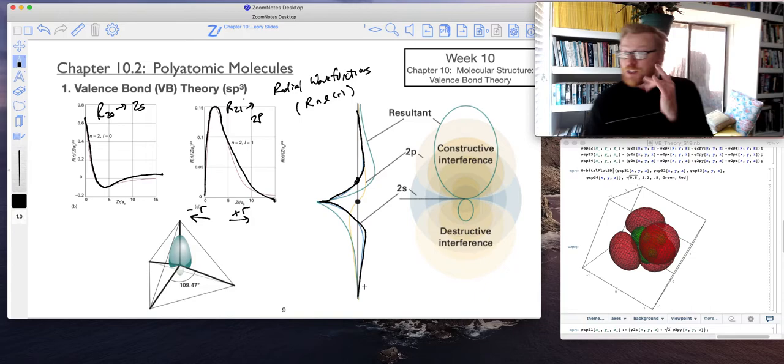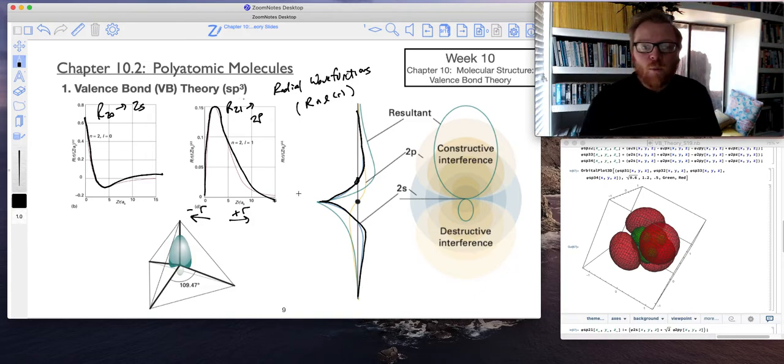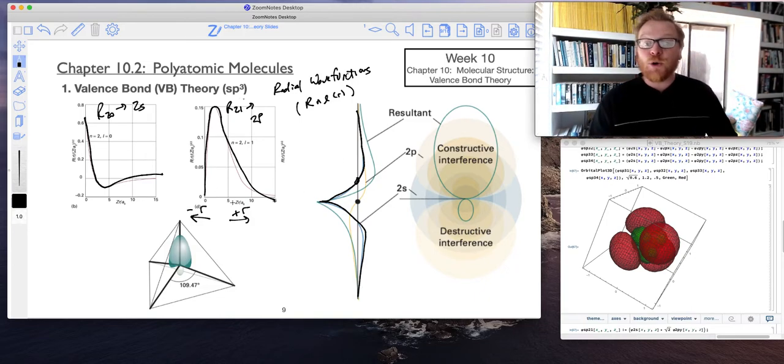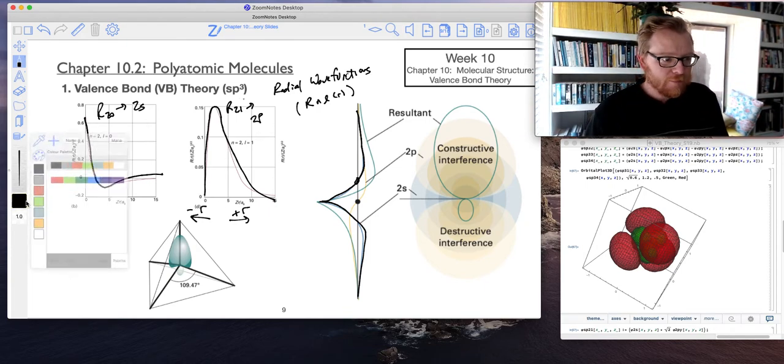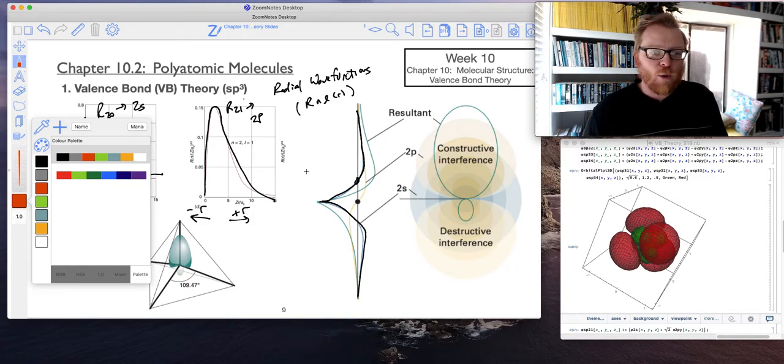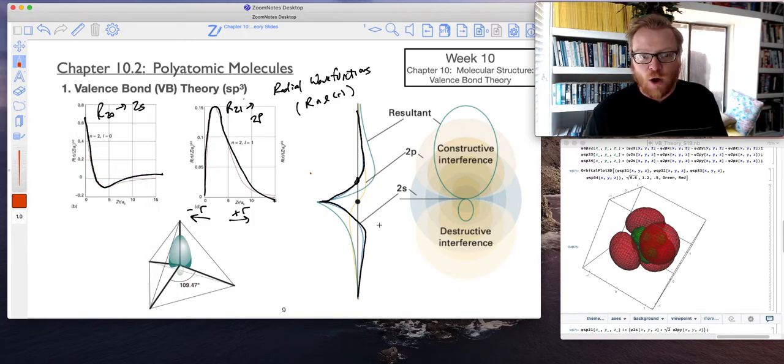So here's what's important to note, though. When we do the same thing for 2p, when I plug in negative r values for R21, it actually flips the sign. And I'll show you that. I don't have the equation in front of you, but I'll just show you that result.